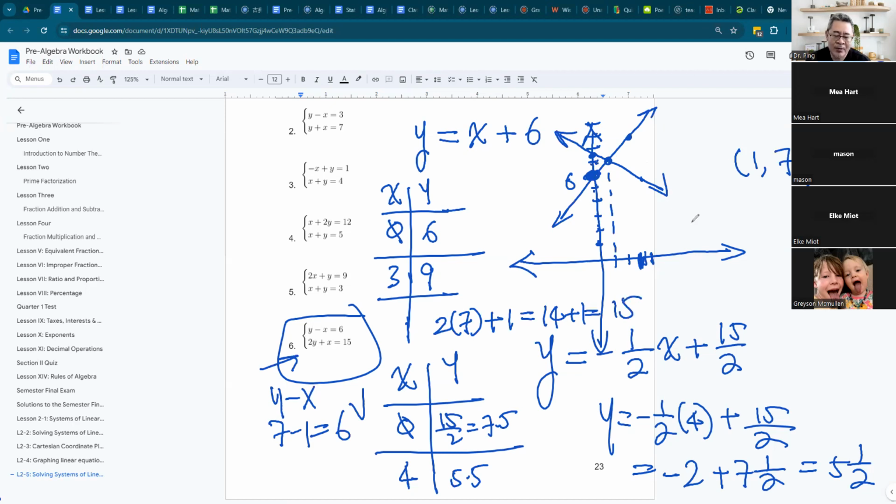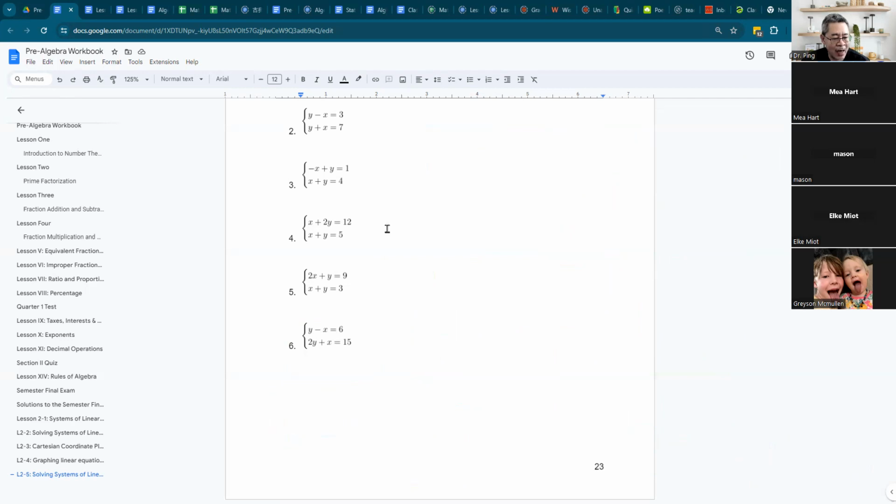So you can see that using graph paper, you can easily solve this system of equations. So basically what we learned so far is we have 3 different ways to solve systems of equations. We can use substitution, elimination, and we can use graphing.